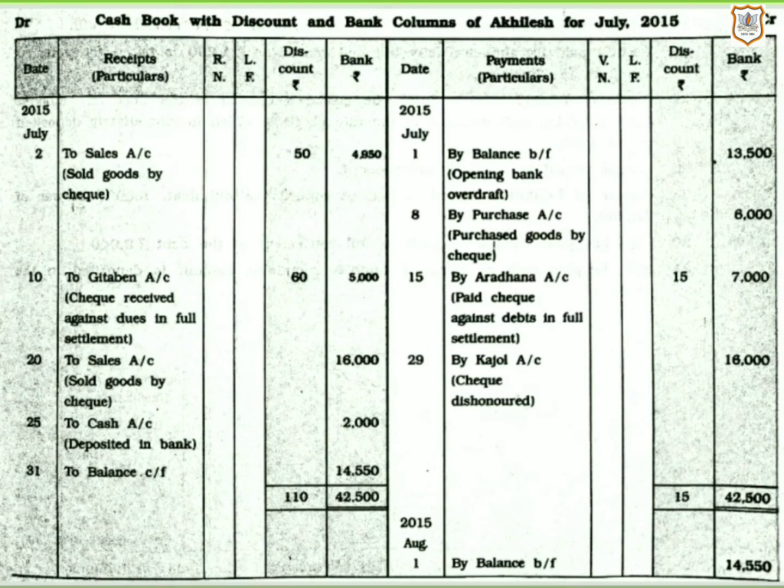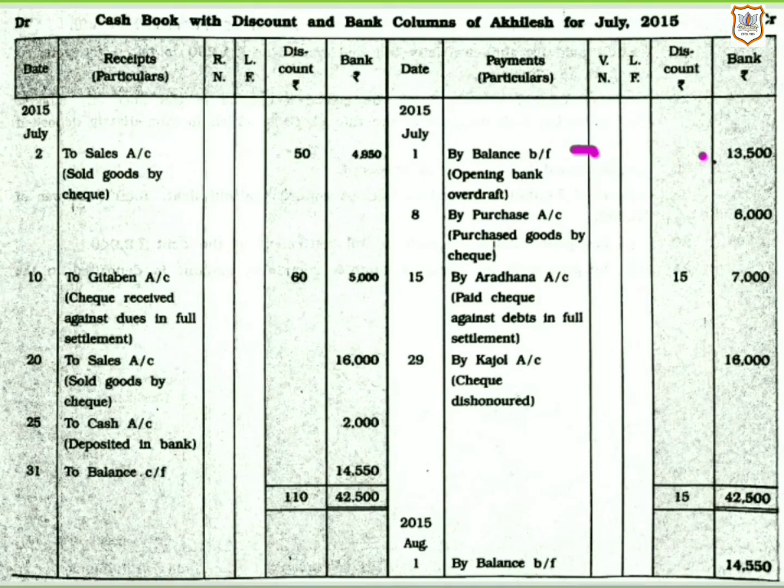If a business has a credit bank balance, that is overdraft, in the beginning of a period, it is recorded in the bank column on the payment side or credit side of the cash book as by balance brought down. Amount is 13,500. Now next transaction, date 2nd.